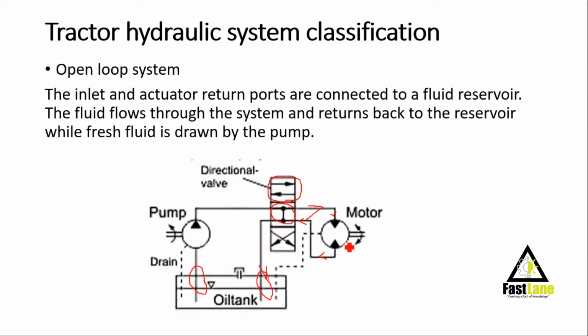Then when you flip the valve in the opposite direction, take a good look at the direction of the arrows. Let me first erase this a bit to give us a cleaner view.